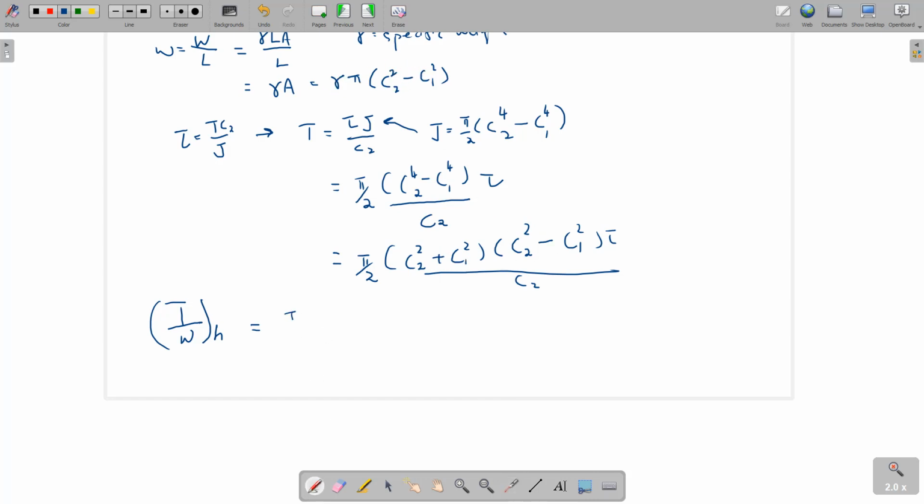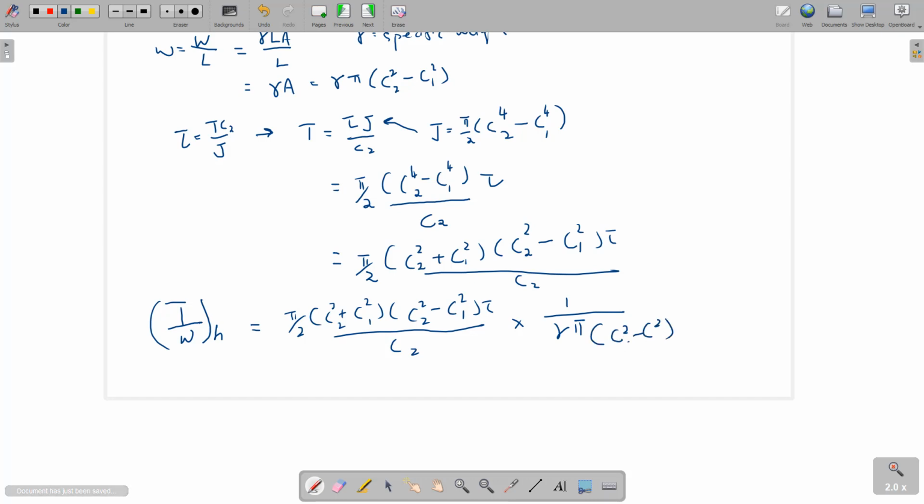So I will write it here. So I will cancel out identical terms. Pi cancels out with pi. This one minus this one cancels out with this one.